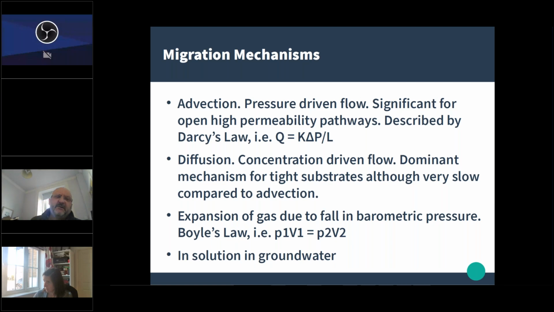And the other one I mentioned there, degassing of groundwater. The gases are soluble. Carbon dioxide, relatively considerably so. I had a note of it there. I think it's about 1,500 milligrams per litre.